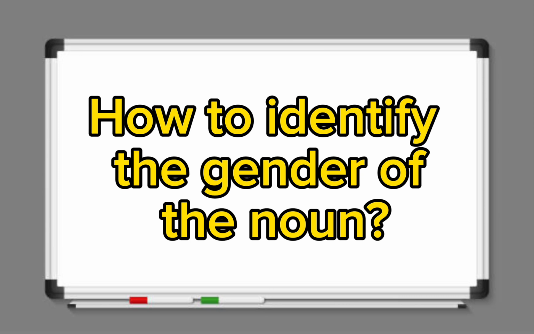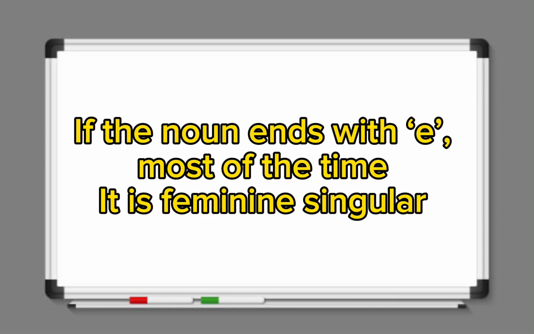But let's see what that is. The general rule is the words which end with letter E, or the last letter of the word is letter E, are generally feminine. It means simply if the noun ends with letter E, most of the time it is a feminine singular noun.